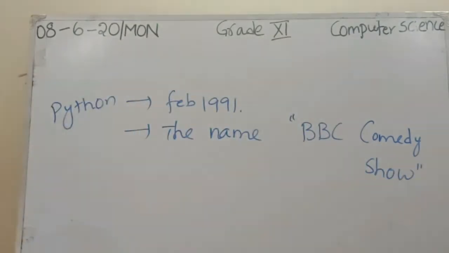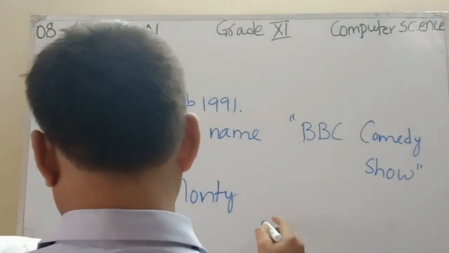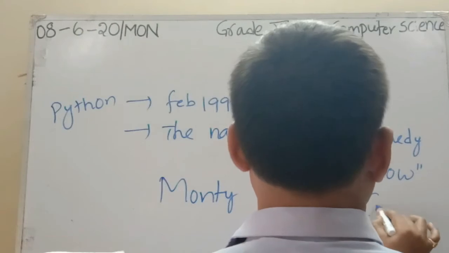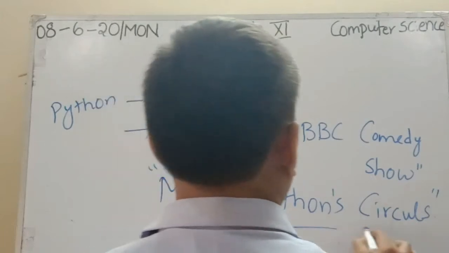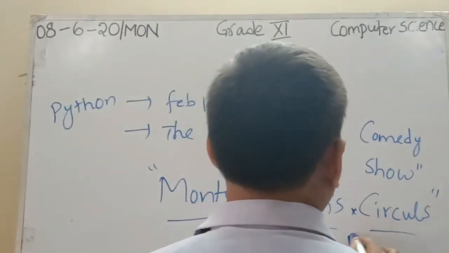The comedy show is Monty Python's Flying Circus, the famous BBC comedy show. So the programming language Python was named after the famous BBC comedy show Flying Circus.